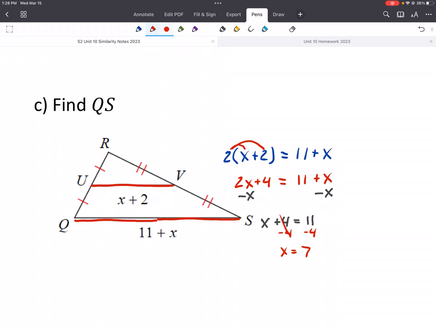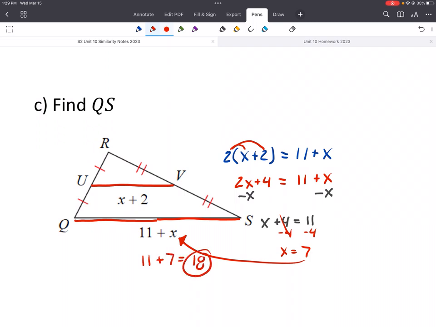On your homework, some of them will just ask you for x. You'll also have ones that say, let's find the length of the side QS. To find that, we would plug 7 in for the x, and we would end up getting 11 plus 7 gives us 18.